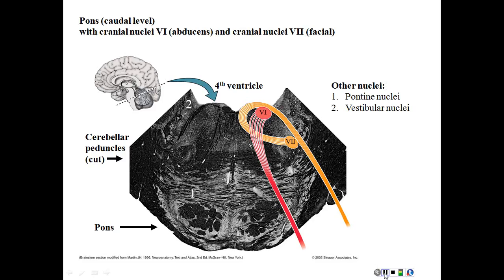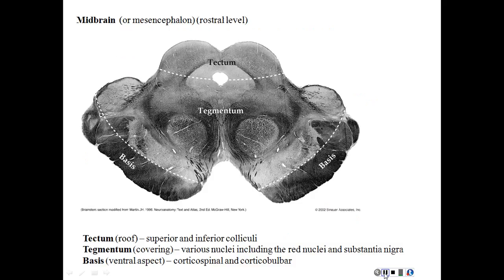In pons, we now have found 6 and 7. There they are, abducens and facial. One is purely motor, closer to the midline. One is mixed, further away from the midline. And then, last but not least, is the midbrain itself.